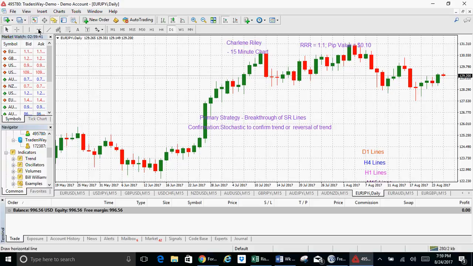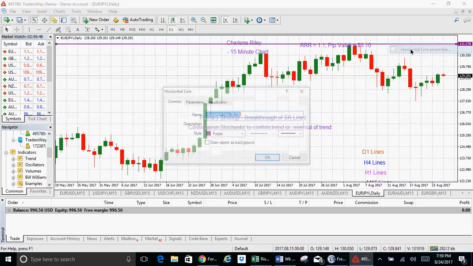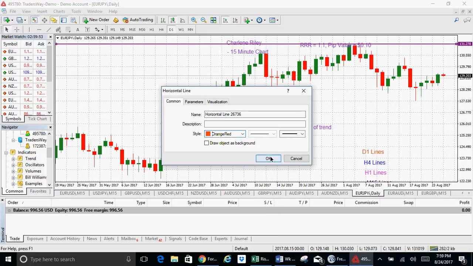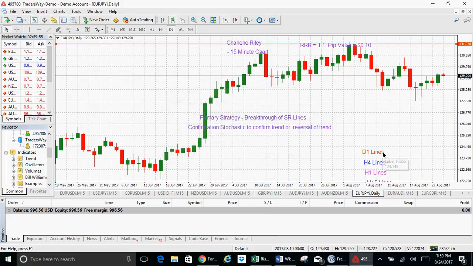So the first thing I want to do is plot the high. I keep my lines organized so that my daily lines are orange, 4-hour lines are blue, the 1-hour lines are magenta, and my 15-minute lines are purple.